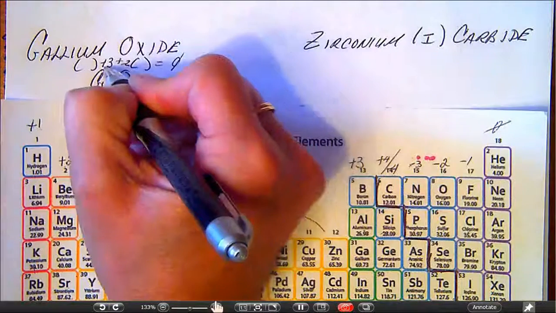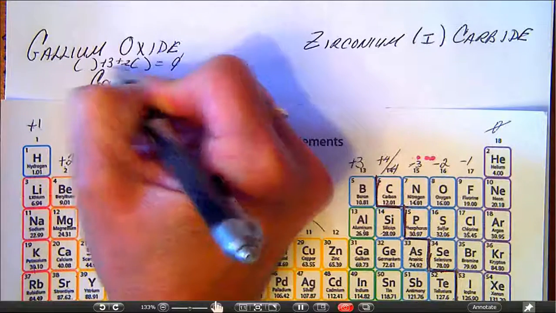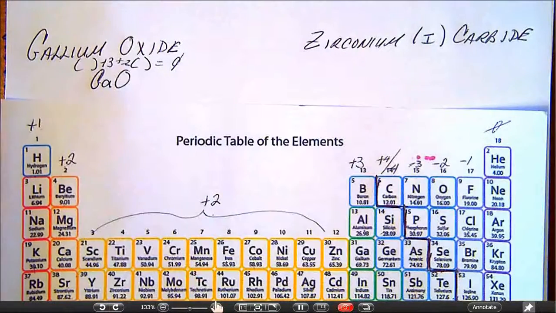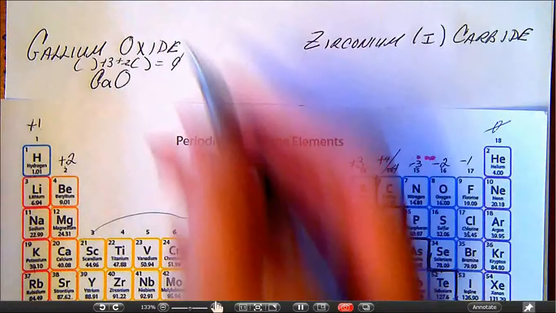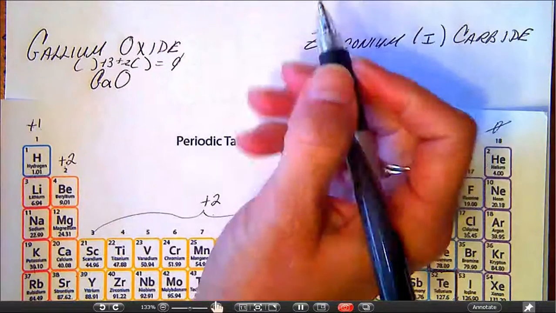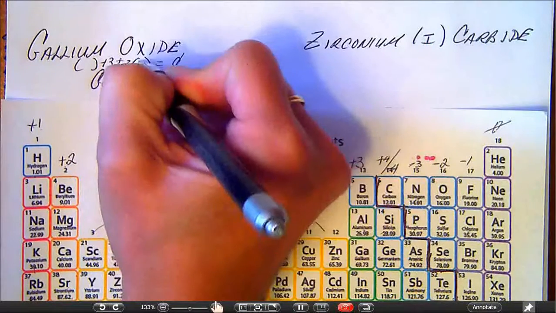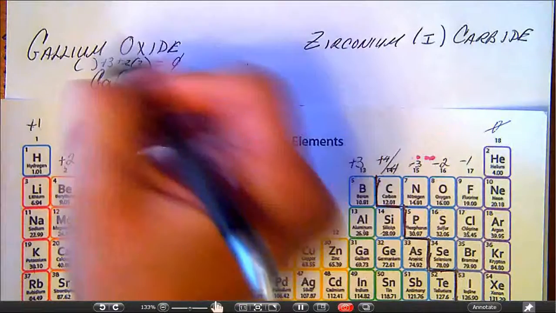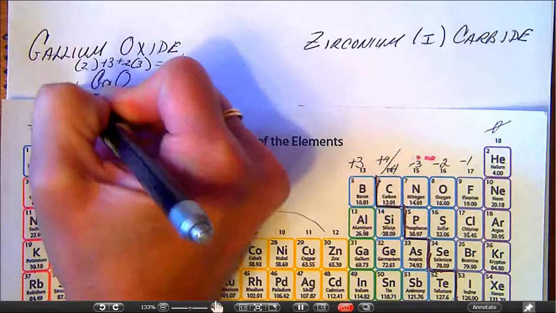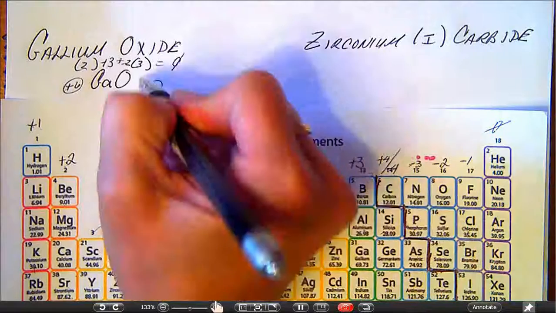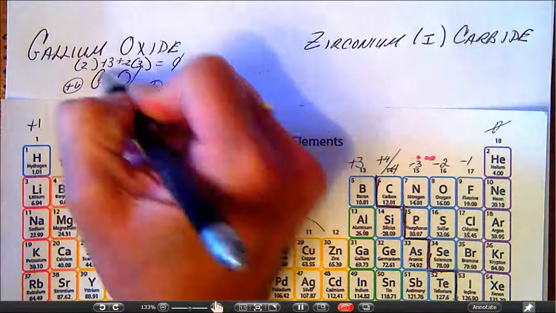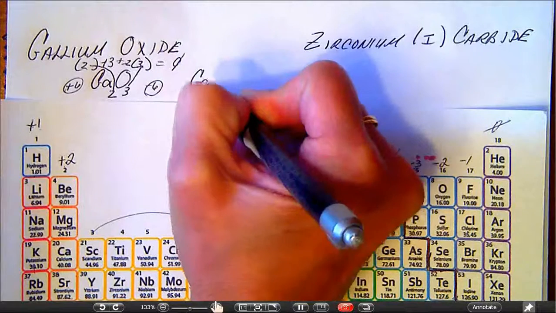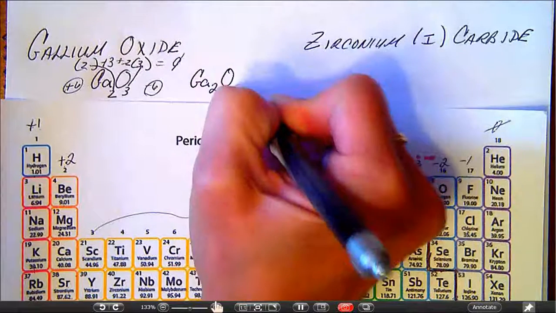Again, 3 and -2 can't be multiplied by anything in order to get each other, so we're looking for that common number, just like we did at the beginning. So we're going to look for a 6. -2 times 3 will give us -6. 3 times 2 gives us a +6. Move those numbers down. Ga2O3.